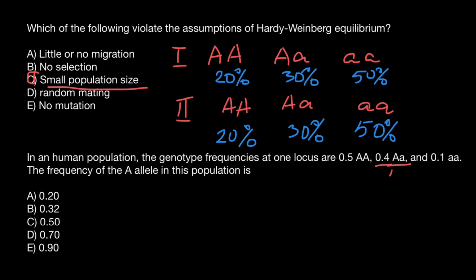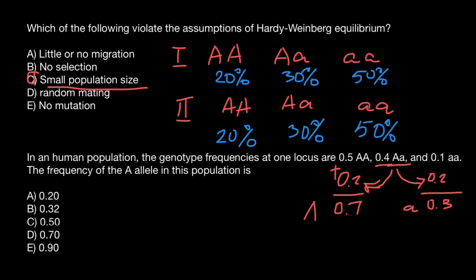So we just take half of this number, 0.2, and add it here, and we get a frequency of the dominant allele which is going to be 0.7, and another half, 0.2, we add here, and the frequency of the recessive allele is going to be 0.3. And now we can choose our answer. We are looking for the frequency of the dominant allele A, and the answer is going to be D, 70% or 0.7.